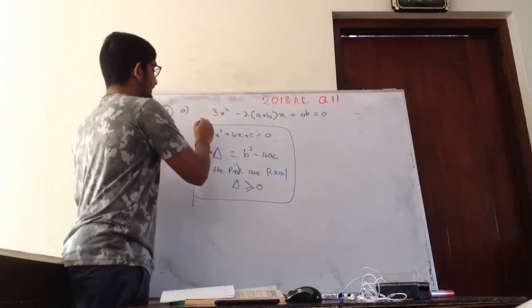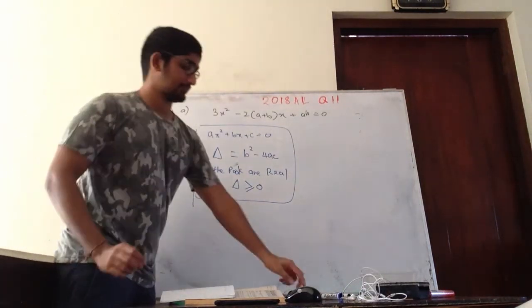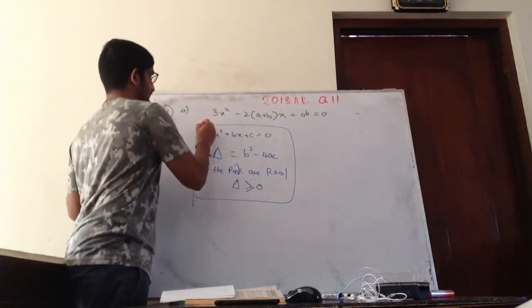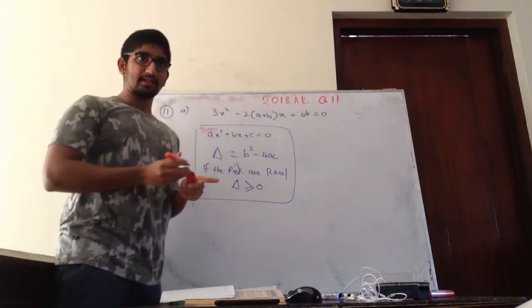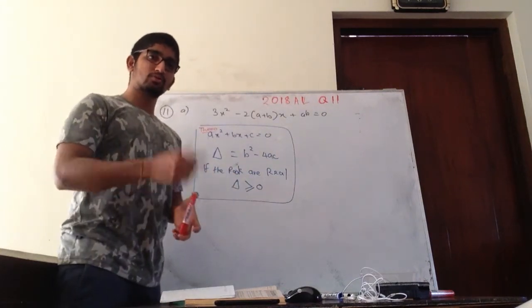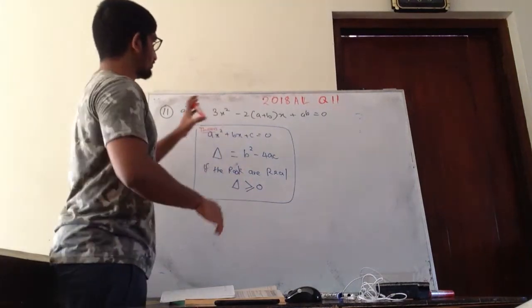So this is the theory. This equal thing comes when the roots are equal.